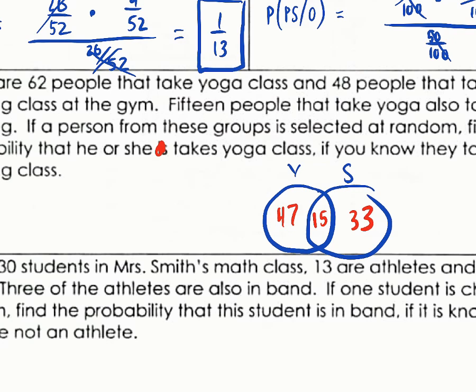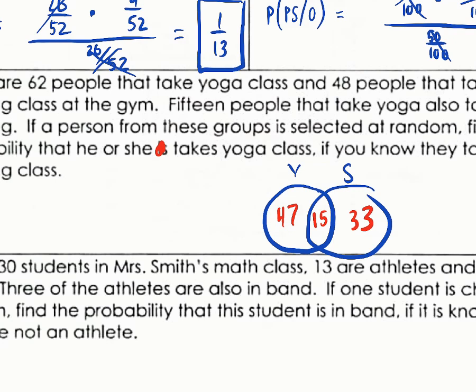Which one is my focus right now? Taking yoga or taking spinning class? Which one's my given that? If they take spinning class, right? Let me read this one more time. Find the probability that he or she takes yoga, given that they take spinning class.